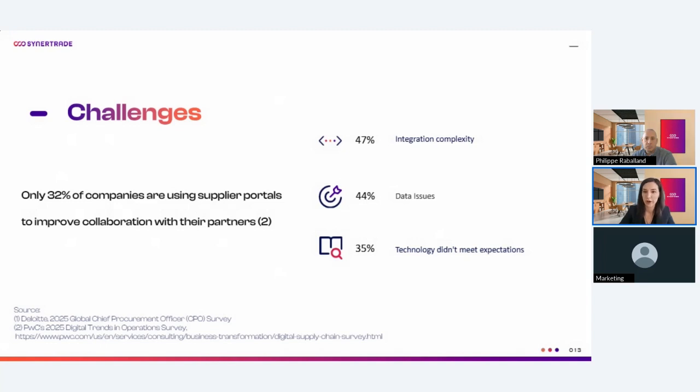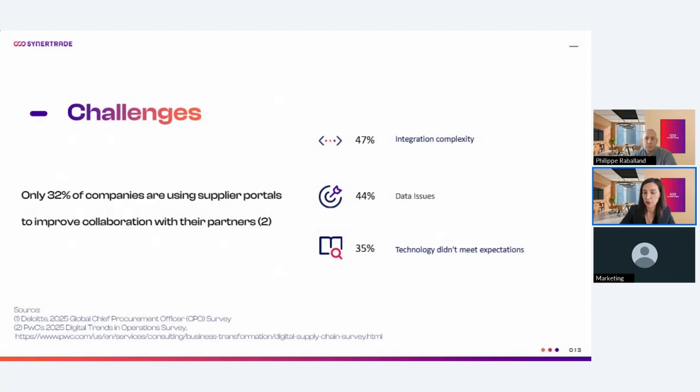So the usual culprits when digitization is not working are the integration complexities when you are working with a lot of systems, and this gets very messy. Then we have the data issues, which is also linked.